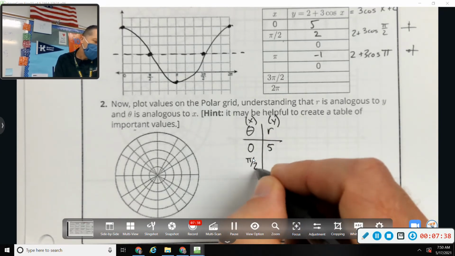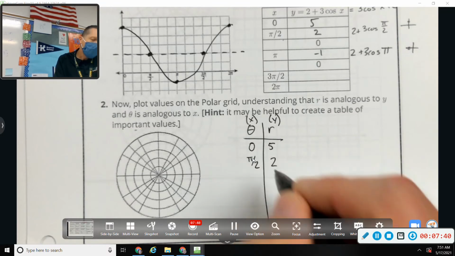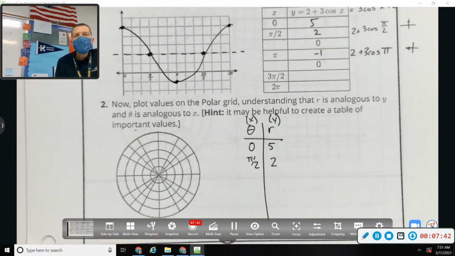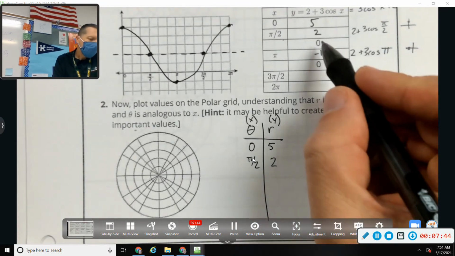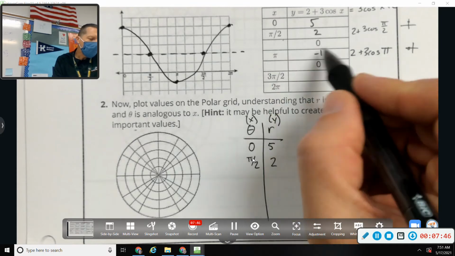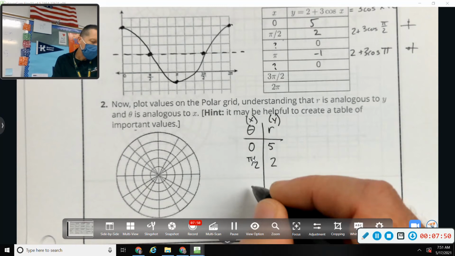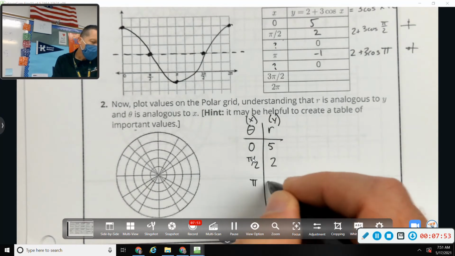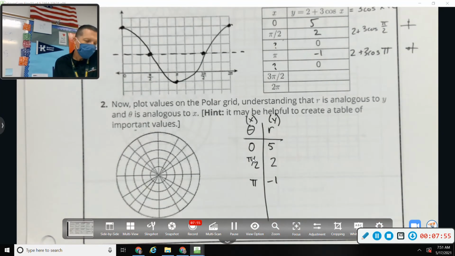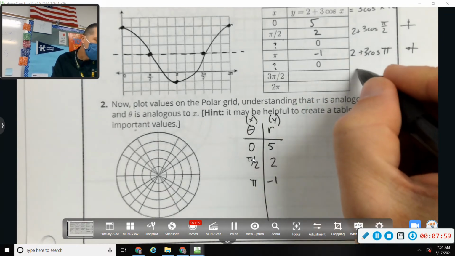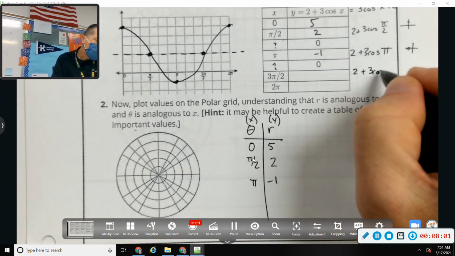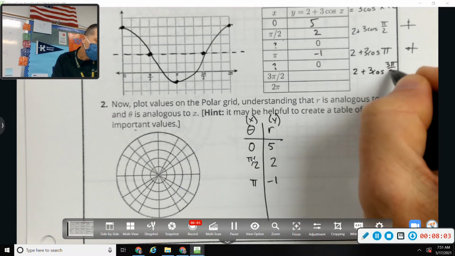If theta is pi over 2, R is 2. It put the 0 on there, but you'd have to really do some work to figure out where that is, so we're not going to worry about that one. At pi, we were at negative 1. Oops, I guess we should finish the table. 2 plus 3 cosine 3 pi over 2.